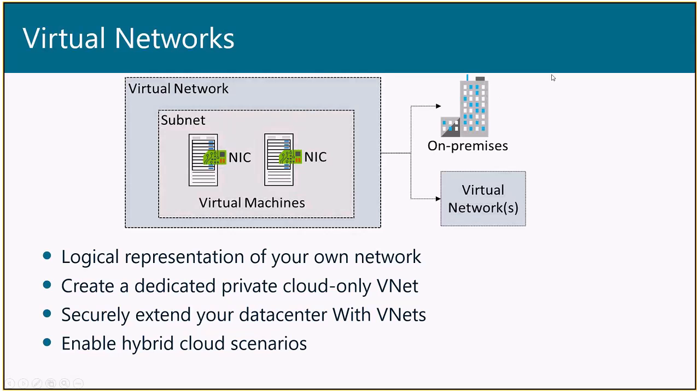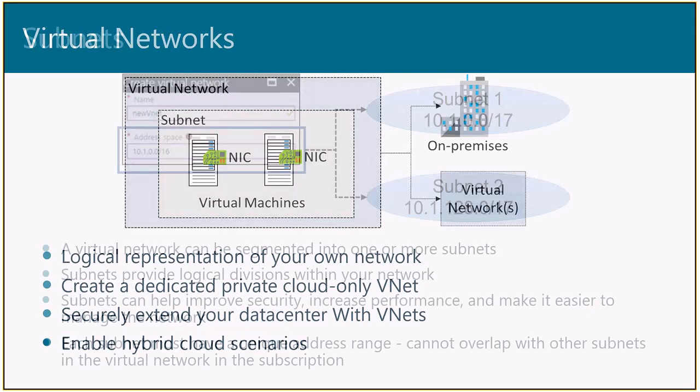In a hybrid type of environment, the virtual network becomes very, very important, because the virtual network is going to connect straight to your on-premises, and on-premises servers are also going to connect to the virtual network directly. So you have your own private line. You're not going over the internet to connect to servers in the on-prem, as well as vice versa. So the virtual network is very, very important.